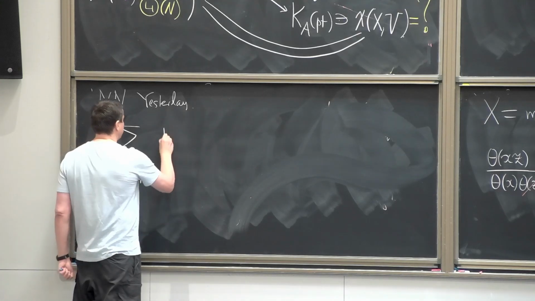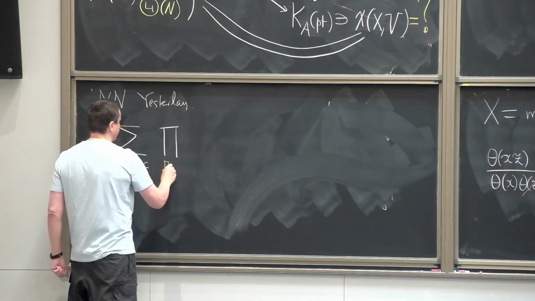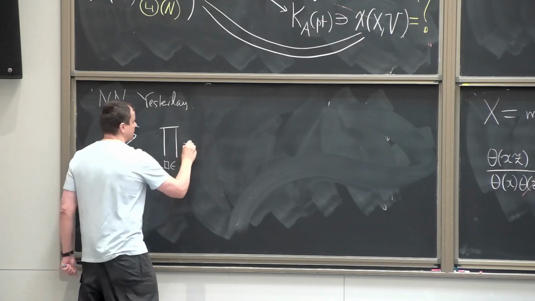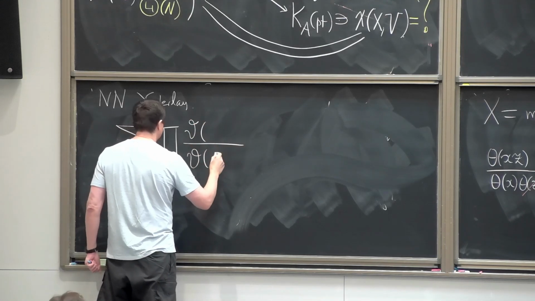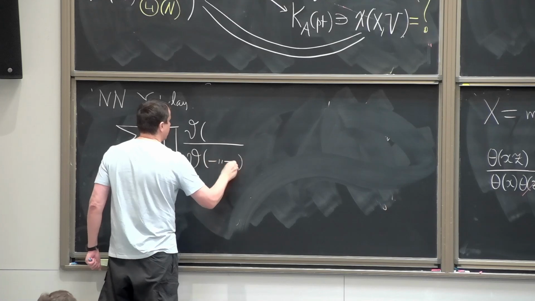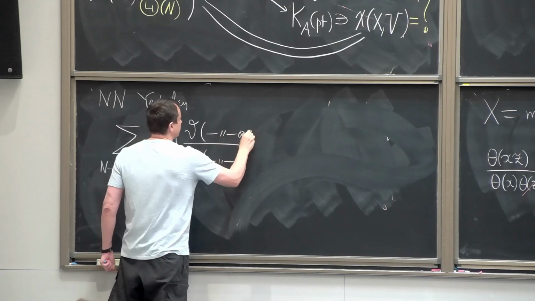And it had some kind of product over boxes in this partition, theta of something, and then something times z.